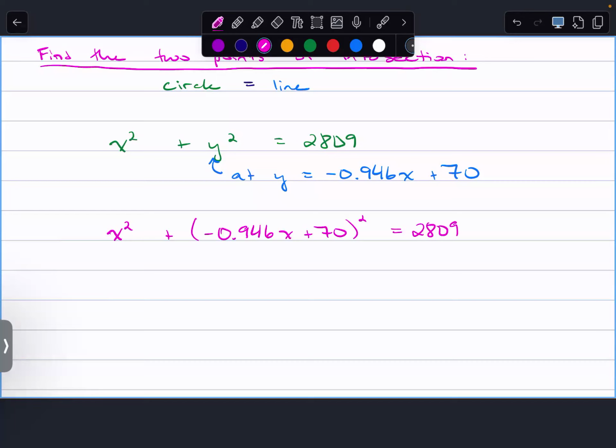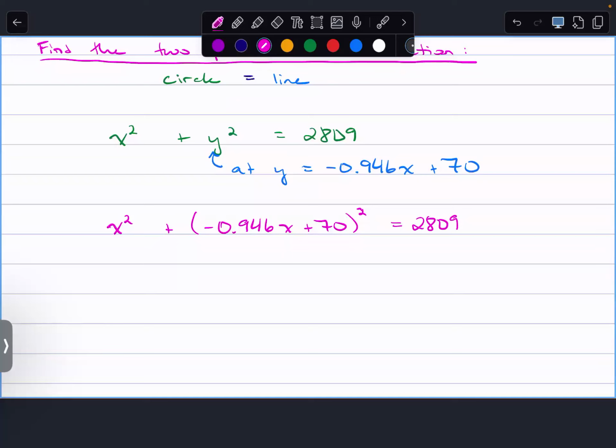Once we expand this, we see we're going to get a quadratic, which is nice because we know how to deal with quadratics and we know how to solve for x in a quadratic set equal to 0. So we're so close, we can taste it here.